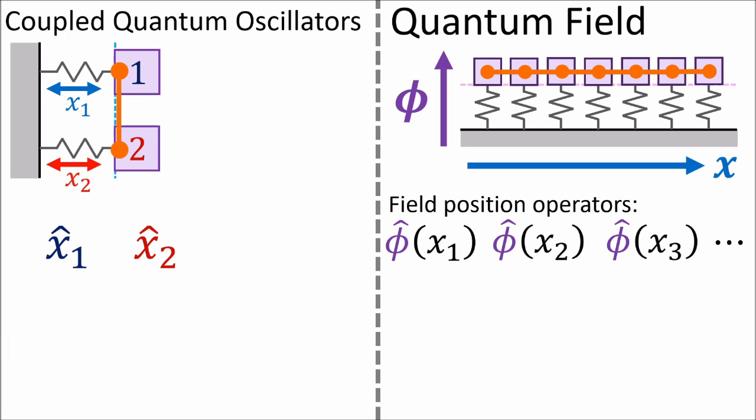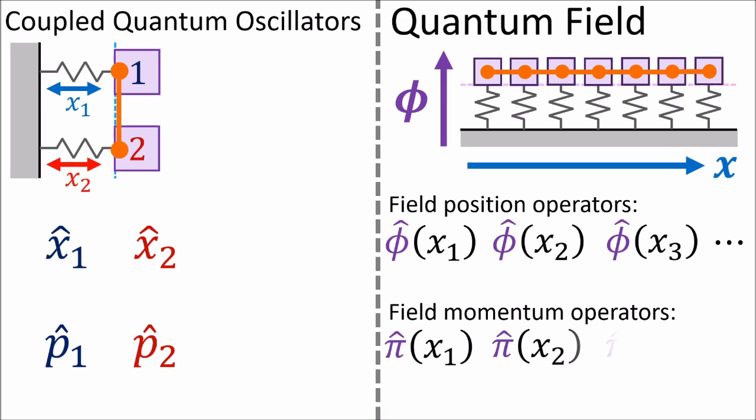Also, just as the coupled oscillators had two momentum operators, p1 hat and p2 hat, our quantum field has an infinite number of momentum operators, pi hat of x, for all the various x locations along the continuous x-axis.